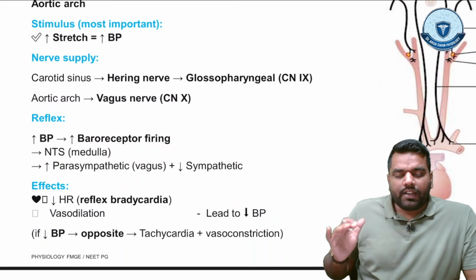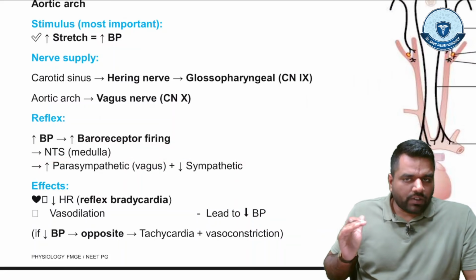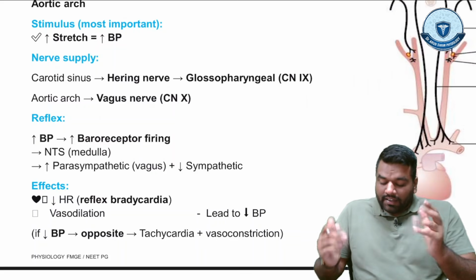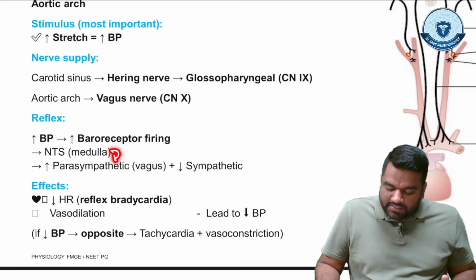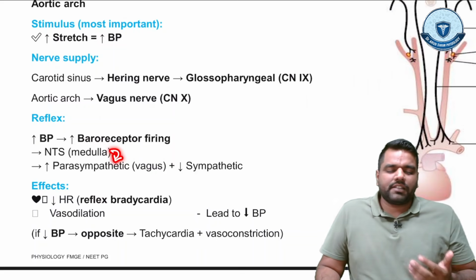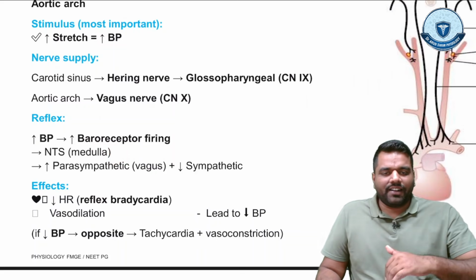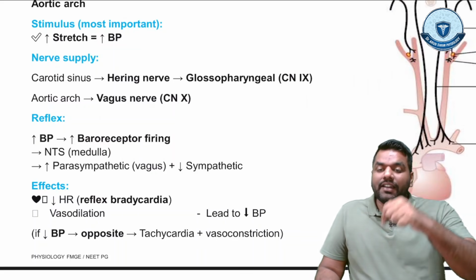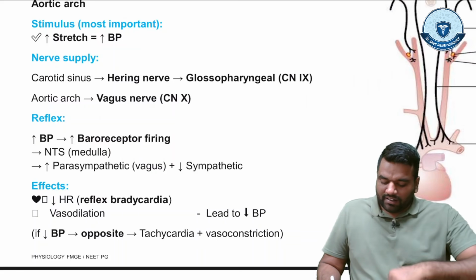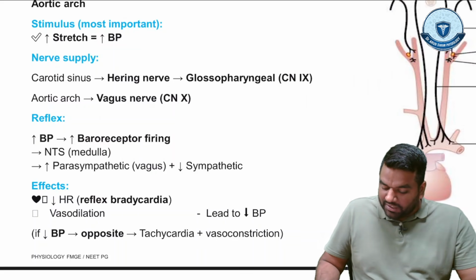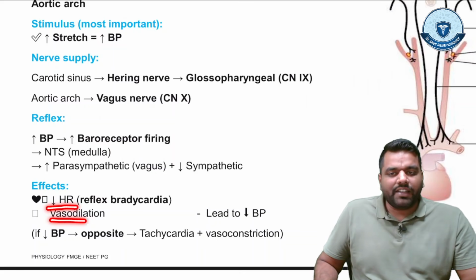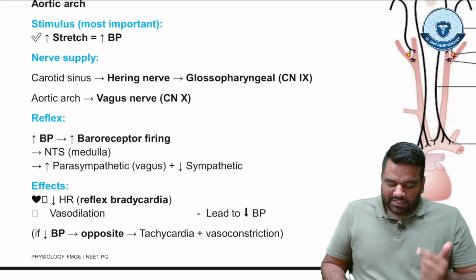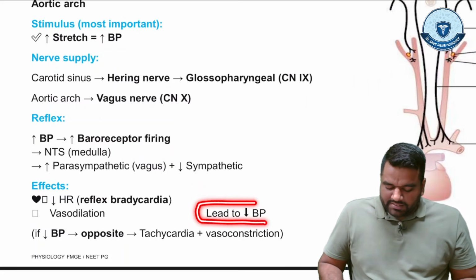This firing goes into the nucleus tractus solitarius, which activates the parasympathetic system, and the parasympathetic leads to decreased heart rate. It will also cause vasodilation. So you can see it leads to decreased heart rate and vasodilation, and this leads to what? This leads to decreased BP.